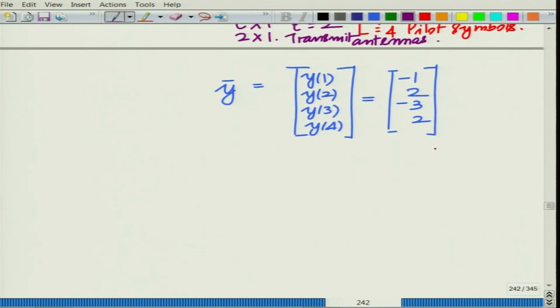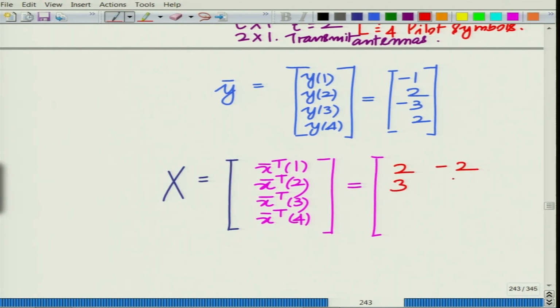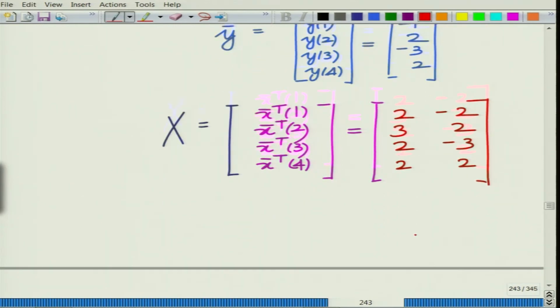Let us now form the pilot matrix. We know that the pilot matrix is given as x bar transpose 1, x bar transpose 2, x bar transpose 3, x bar transpose 4, which, if you write this down, is 2 minus 2, 3 2, 2 minus 3, 2 2.